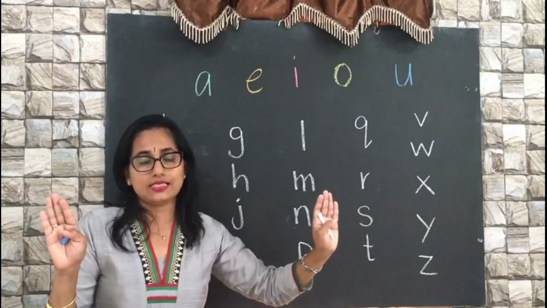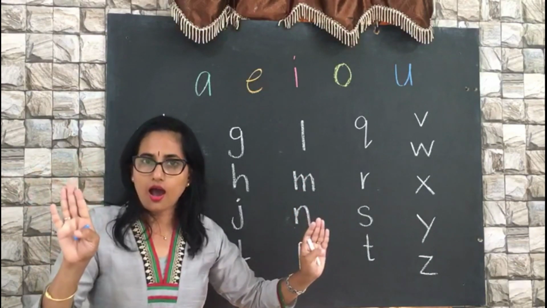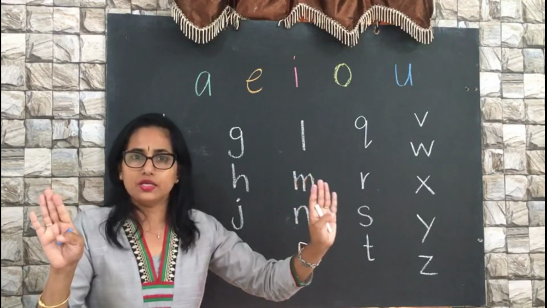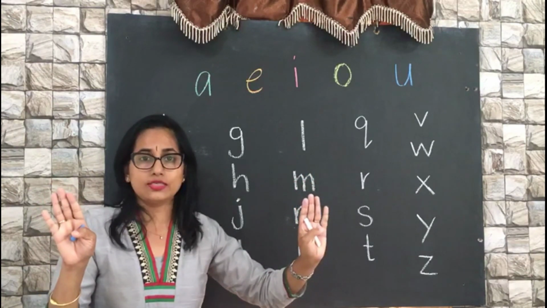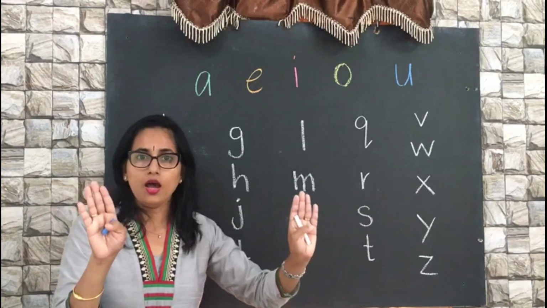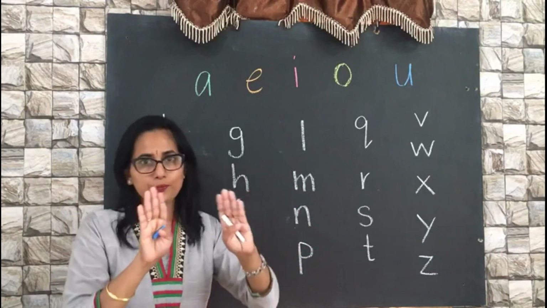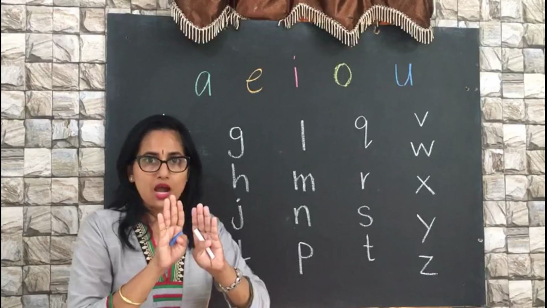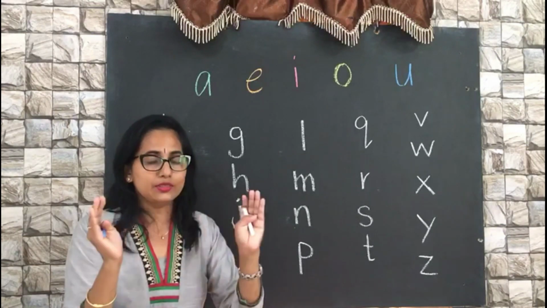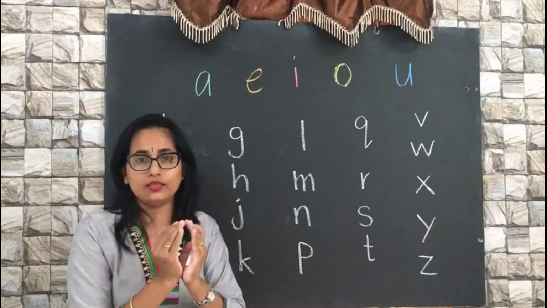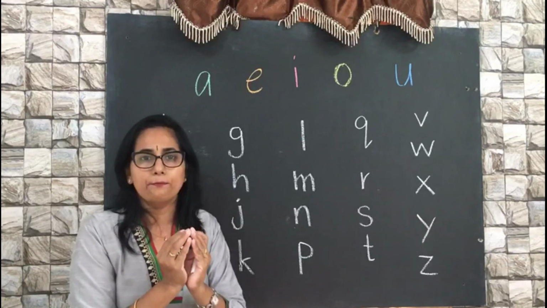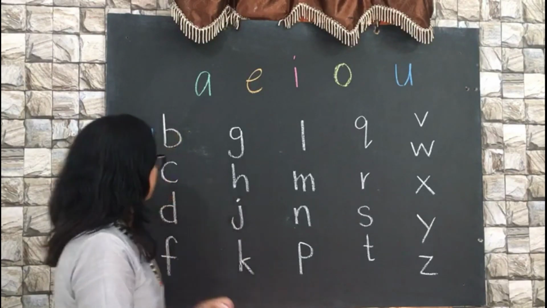Ask your child to say separately first uh, then b. And ask your child to say it a little faster: uh, b, uh, b, ub. Together, when the sound joins together, the sound is ub.